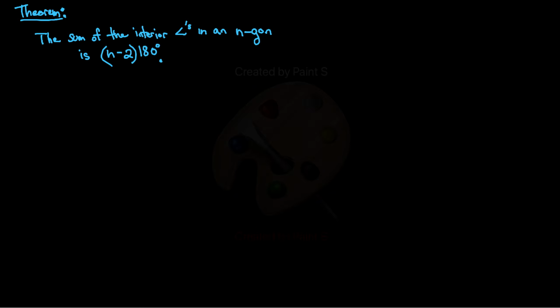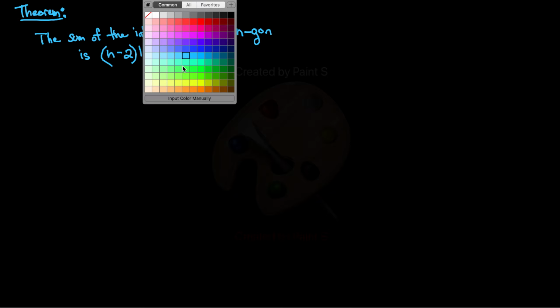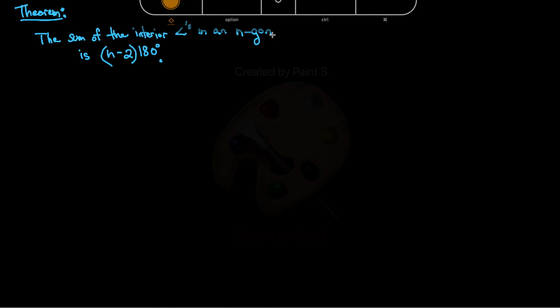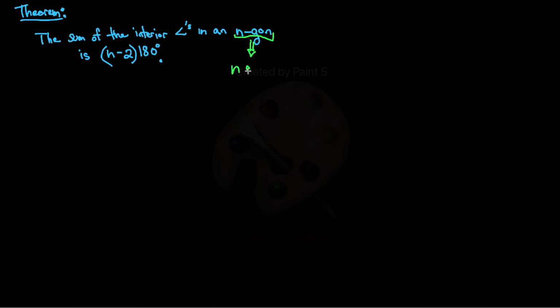Now, the first thing that we want to understand is that an N-gon is an n-sided polygon. So, for example, the 3-gon is just your typical triangle.